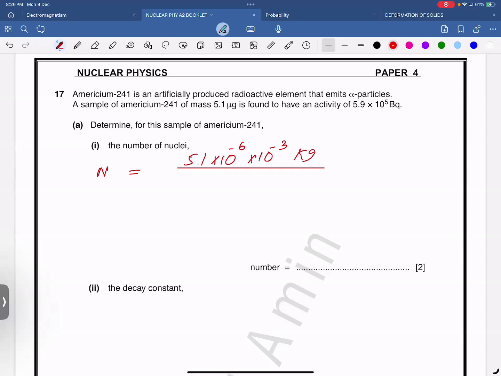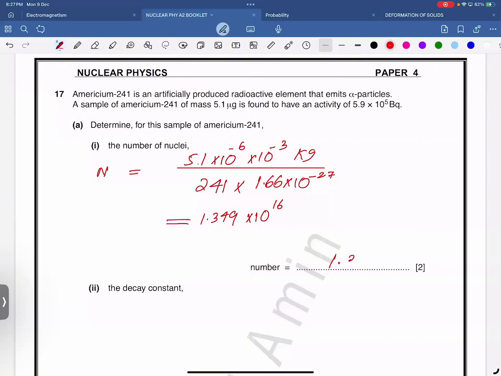Over each, 241 u. 3.5, or it was 3.4 something. Yeah, so that's the problem, I was going to round off wrong.